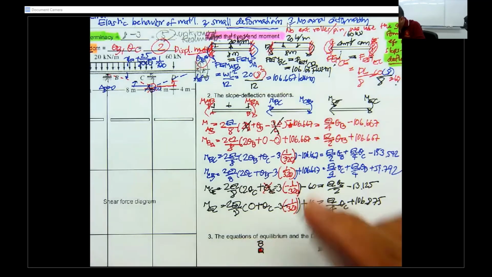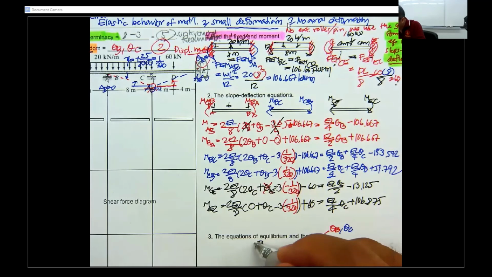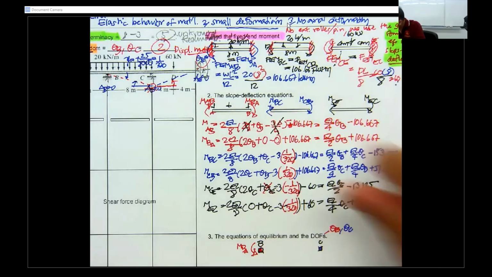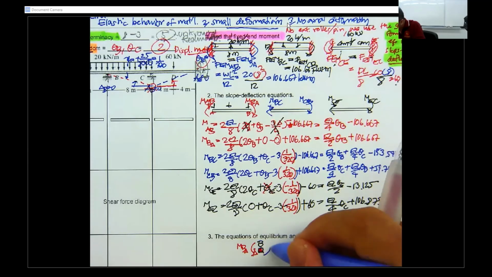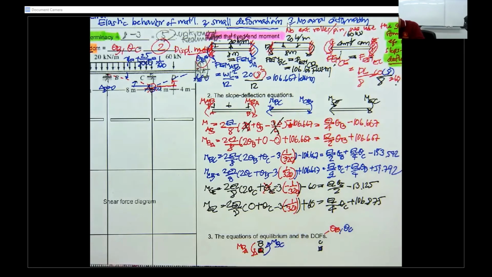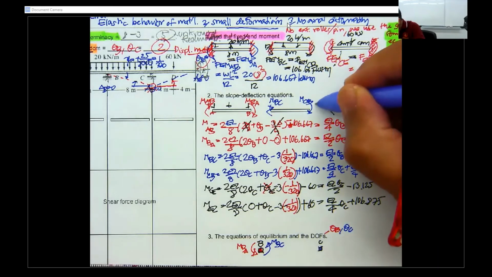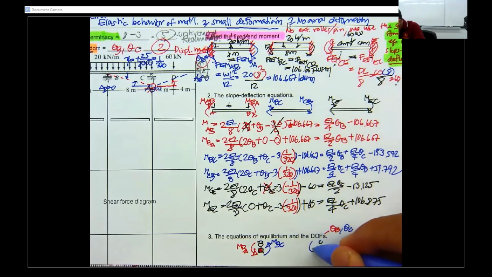So M sub BA, this is going to be third law of Newton. M sub BA and M sub BC is going to be this one. The summation of these two moments must be 0. And this one, M sub CB and M sub CE.